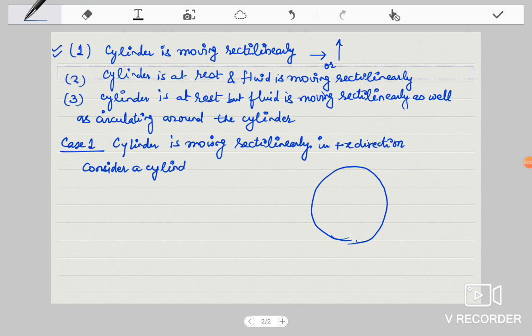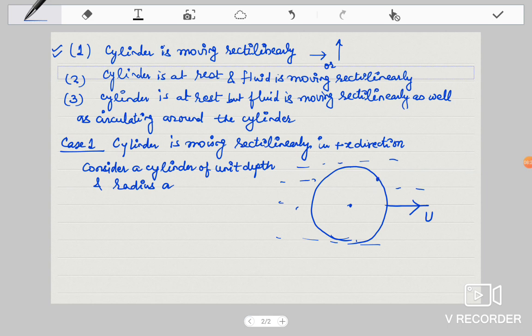This we do to simplify our calculation. Unit depth and radius a. So this is the cylinder and this is the flow region. Your cylinder is moving with velocity u in the x direction.